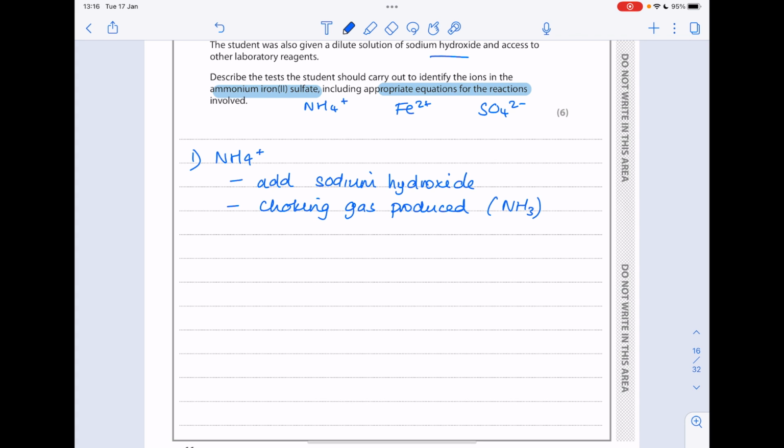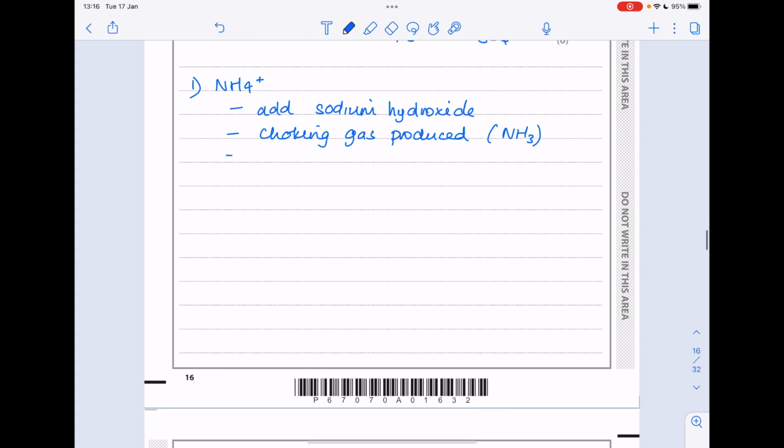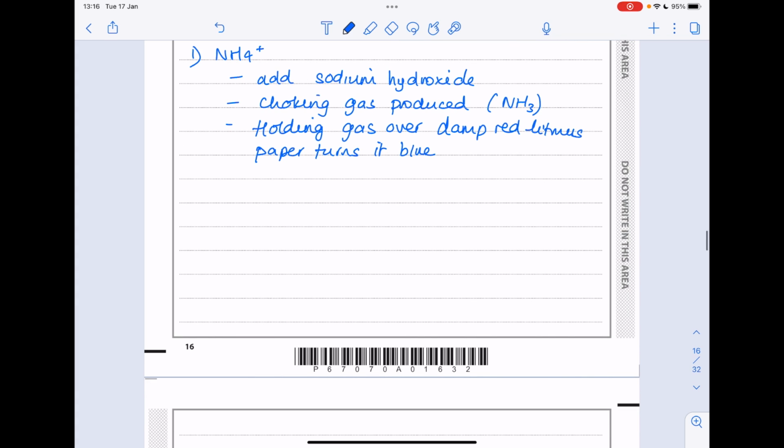And then you confirm this by holding the gas over damp red litmus paper, which should turn blue. And the equation, do not forget to answer all parts of the question, would be this. So that's ammonia done.